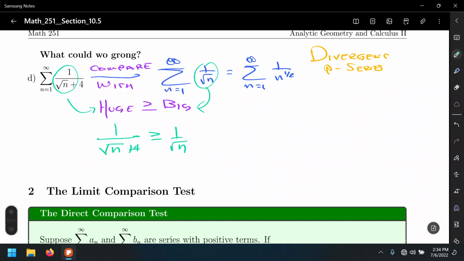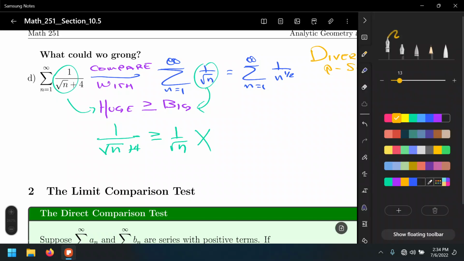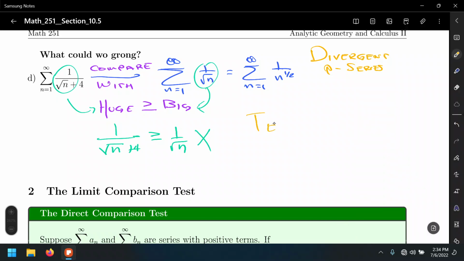No. In an example that we did before for divergence, we had a minus in the denominator, making the quantity smaller and therefore the number overall larger. But in this case, we cannot show that huge is greater than big. So the test is inconclusive, and we need a plan B.